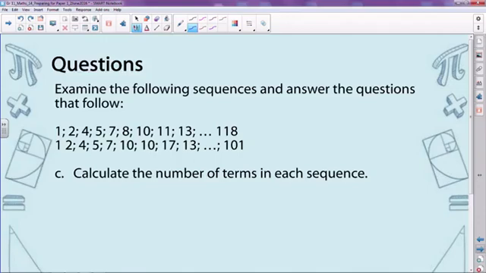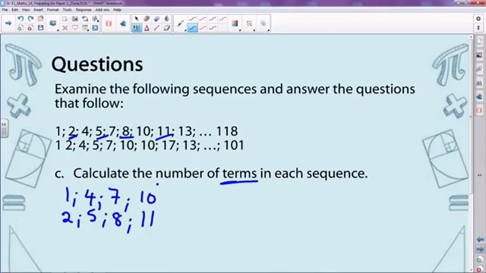Now, calculating the number of terms in the sequence, I'll just do the first one. This is 1, 4, 7, 10, and then this is 2, 5, 8, 11.